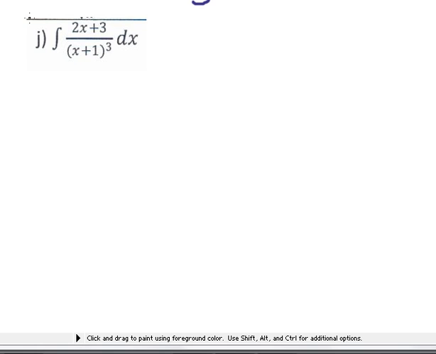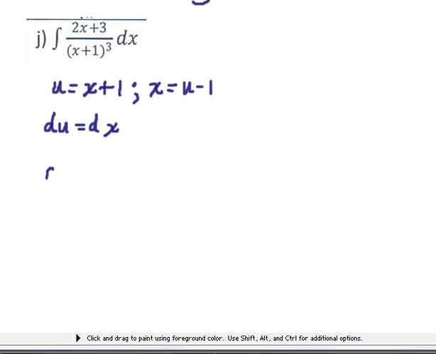Okay, 5j is a similar type of integral. Again, we have an inner function that's a linear function of x. So we'll proceed like before. u is equal to x plus 1, and this time x is equal to u minus 1. du is equal to dx.